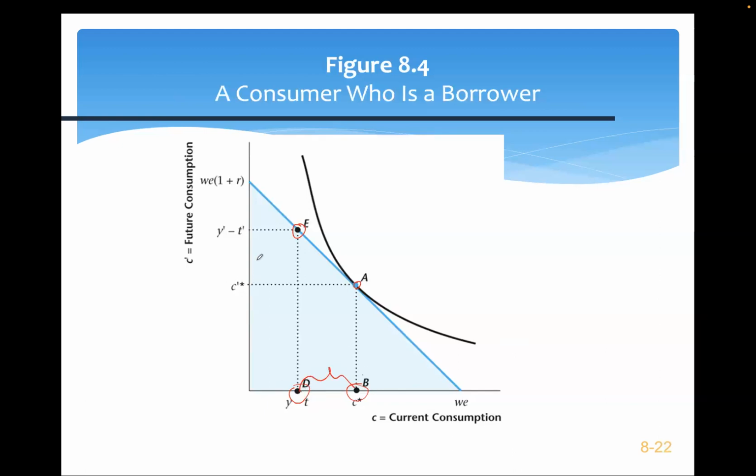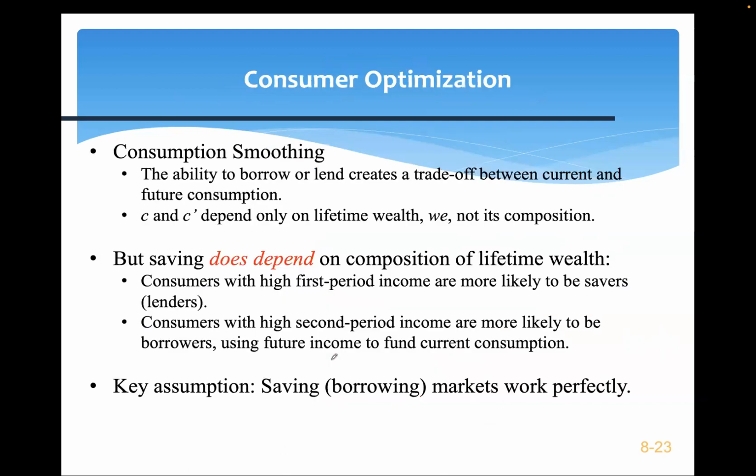But in the future, you must pay, and this is what you have to pay. So this is when you are a borrower: you have very little endowment in the first period, but a lot of endowment in the future period. You are willing to borrow, and in the future you have to pay.